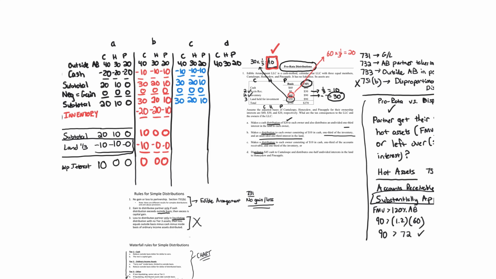Now we have 1/3 of accounts receivable and 1/3 of inventory. Well, the accounts receivable basis is 0. 0 times 1/3 is 0. So you're limited to 0 anyway, so you can go ahead and put that down. 0, 0, 0.